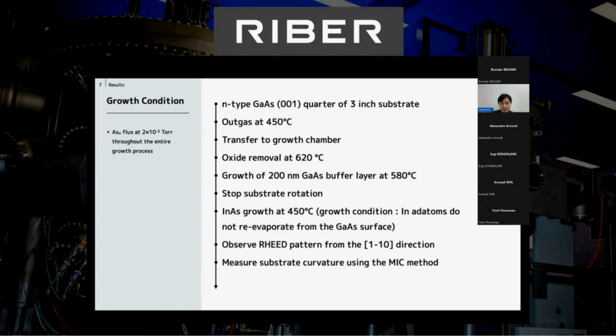The growth condition considers that indium atoms do not evaporate from the gallium arsenide at this substrate temperature. Then we observe the RHEED pattern from the one-bar-zero direction and measure the substrate curvature using the MOSS method.